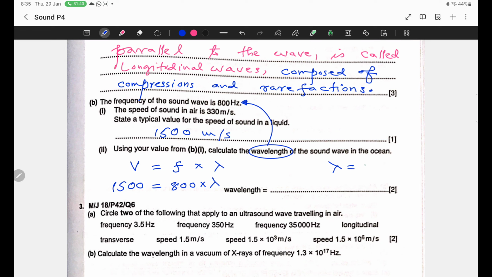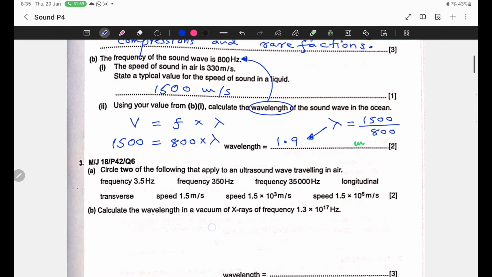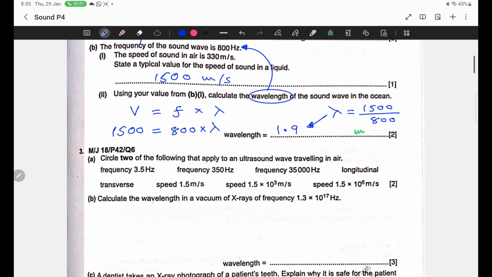So wavelength is equal to 1500 divided by 800. You can calculate the wavelength in meters: 1.9. Okay, so this question is completed, and now we are starting question number 3.